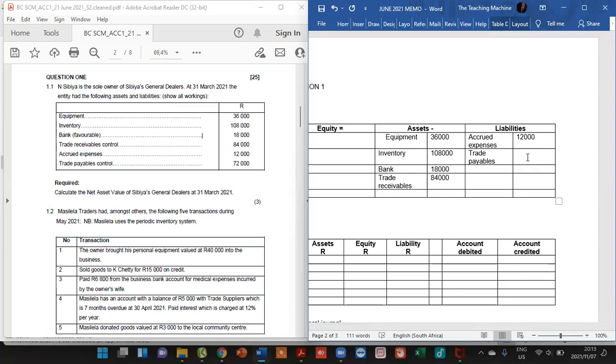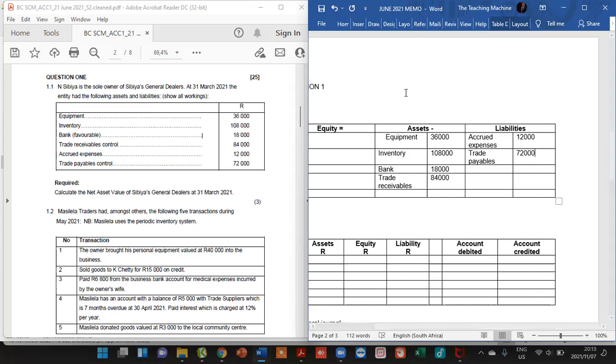It's all about the money that we owe. Expenses that are due, expenses that need to be paid. Trade payables, money that needs to be paid, goods that were bought and traded. Okay, so if you check all these definitions, they mean the same thing. Hence why I'm saying they satisfy the recognition criteria of liabilities. So we have 72,000 rands.